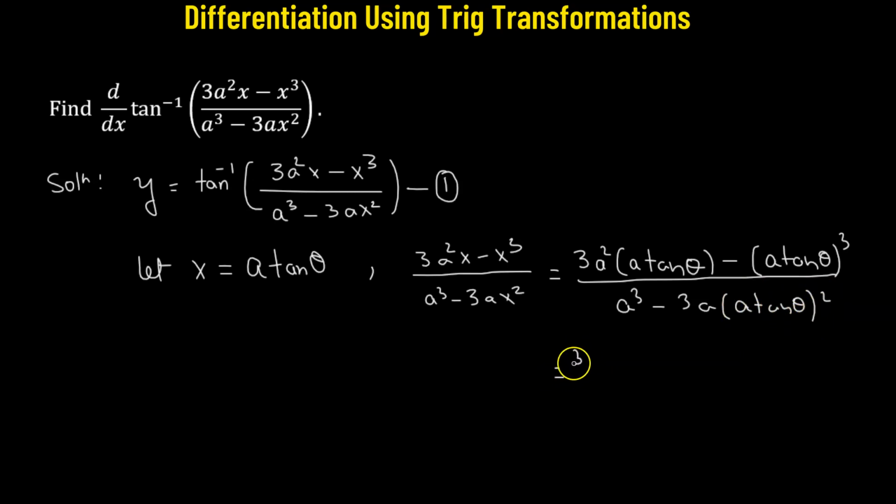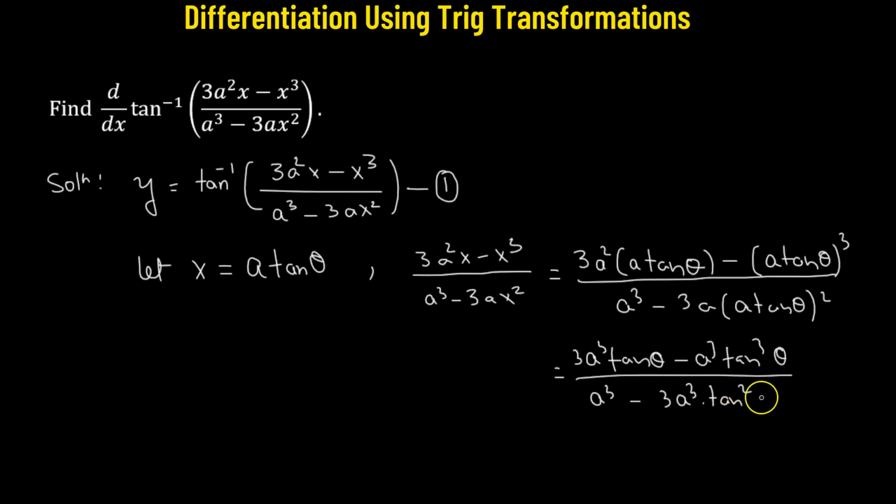So this will give us 3 times a cubed times tangent of theta minus a cubed multiplied by tangent cubed theta, divided by a cubed minus 3 times a cubed times tangent squared theta.